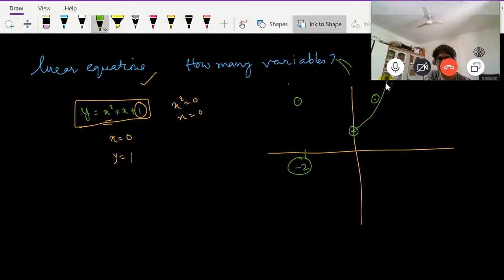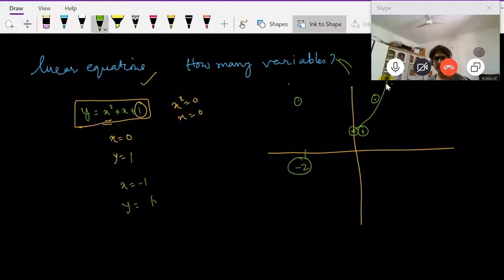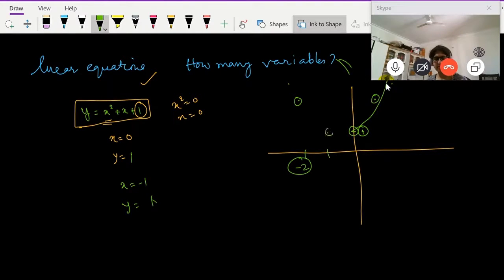Go with an increment of 1. So if x is equal to minus 1, what is the value of y? 0? No, wait. 1. So this was y 1 at x equal to 0, and at x equal to minus 1, this comes back to 1, right?